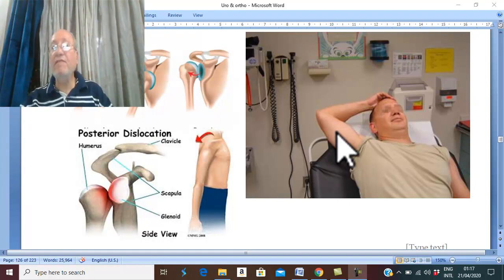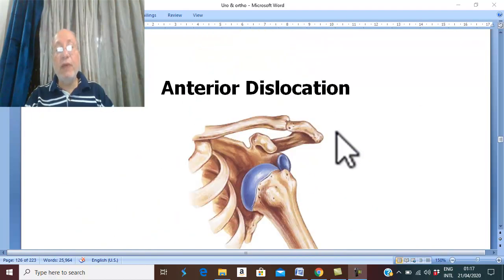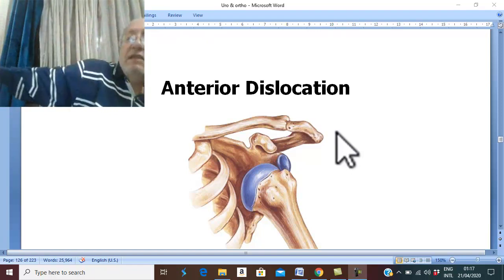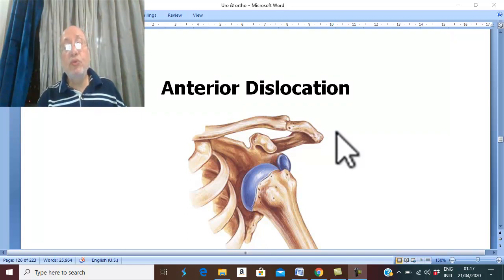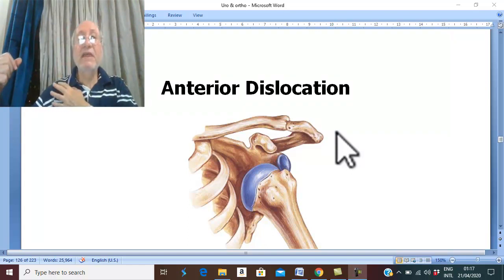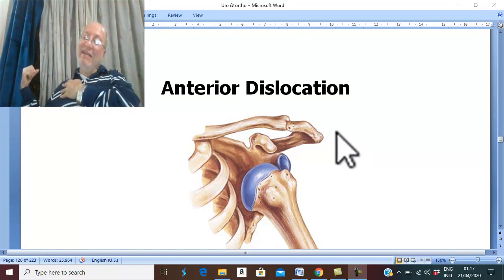Let us discuss in full detail the commonest dislocation, which is anterior dislocation. Anterior dislocation, what is the trauma? As usual, the commonest trauma for all fractures and dislocations in the upper limb is falling on an outstretched hand, and it may also occur due to forcible extension and external rotation.